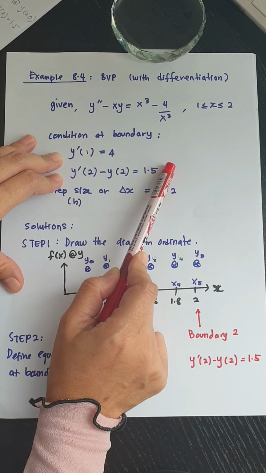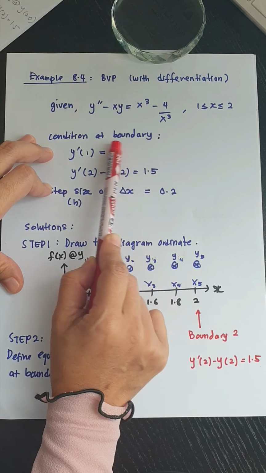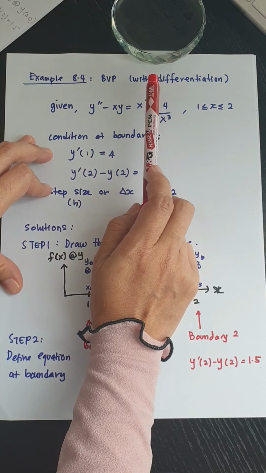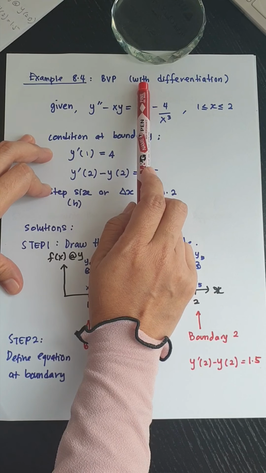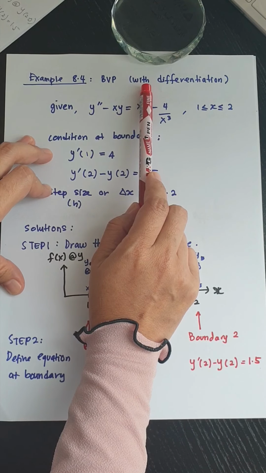So if the question gives you the condition at the boundary as an equation, automatically you're going to use the derivative method to find the value of the data set.